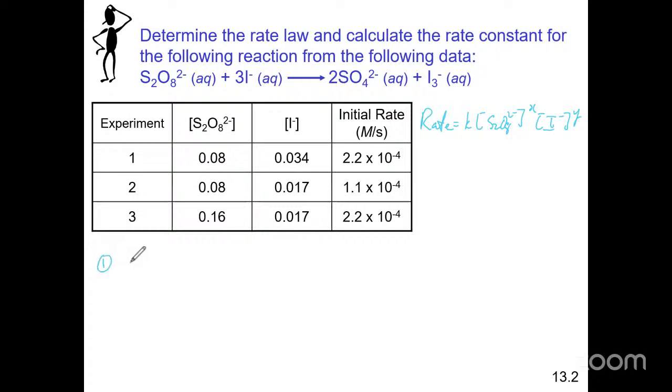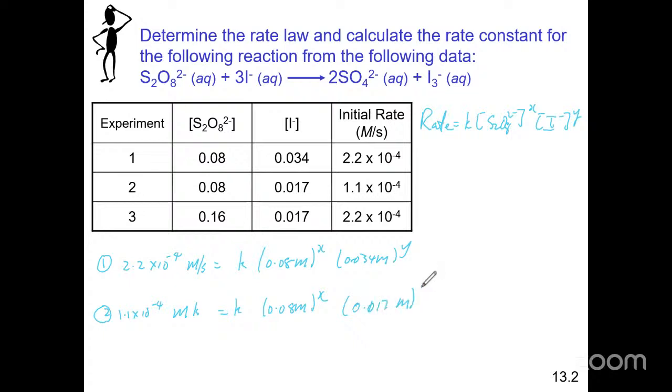So for 1, what would you write down? 2.2 times 10 to the negative 4th is equal to K times 0.08 to the X times 0.034 to the Y. Two would be equal to 1.1 times 10 to the negative 4 equal to K times 0.08 to the X and times 0.017 to the Y.